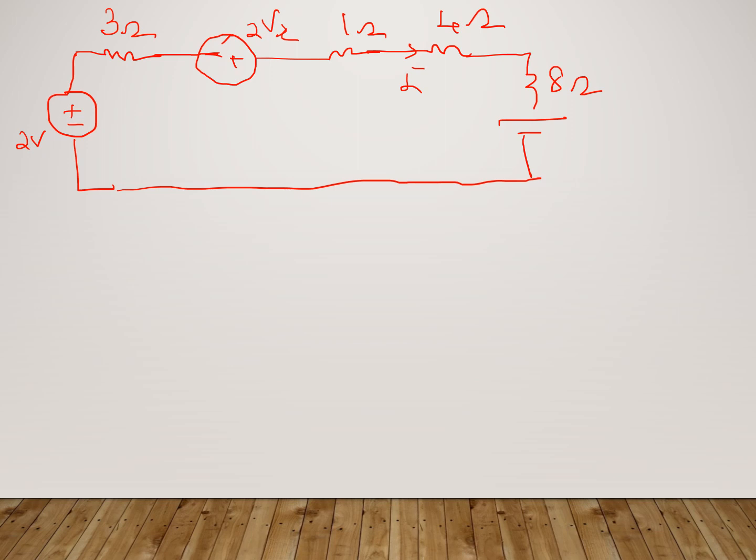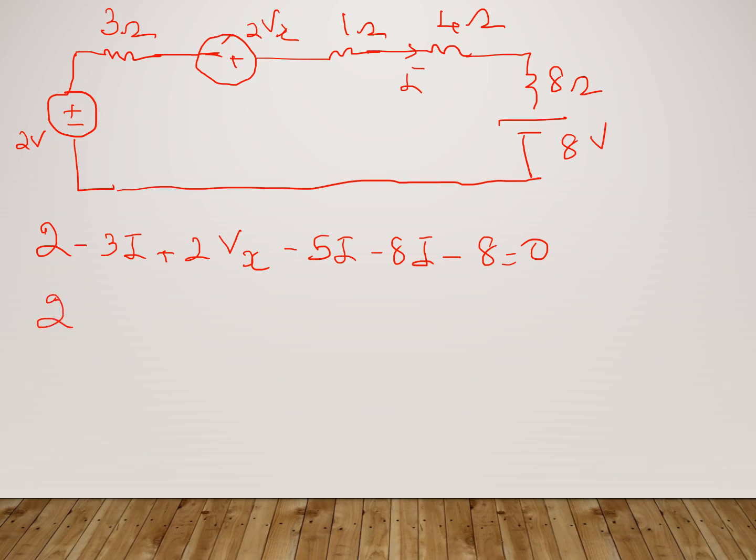So basically when we solve this, I've got 2 minus 3I minus 2 plus 2Vx minus 1 plus 4, that is 5I, minus 8I, minus 8 volt, minus 8 is equal to 0. So this gives me 2 minus 3I minus 5I minus 8I.